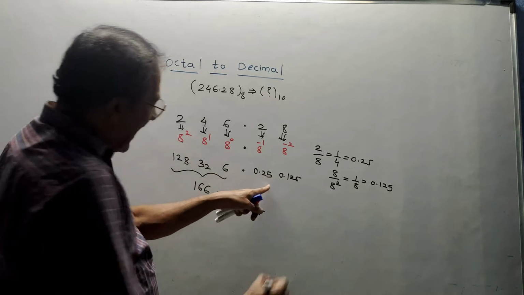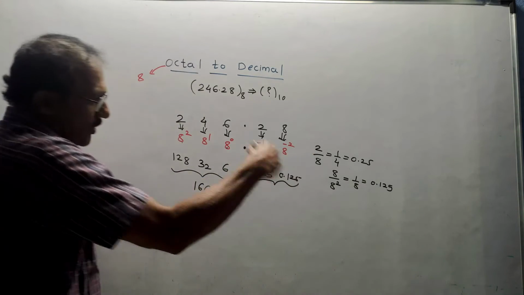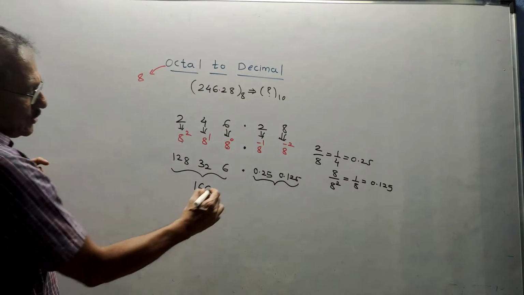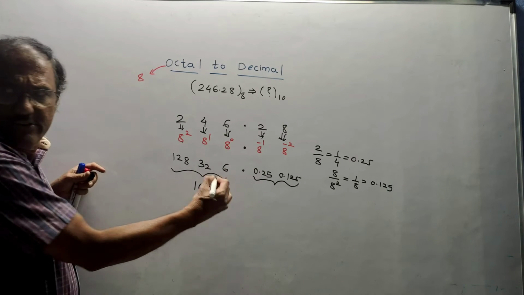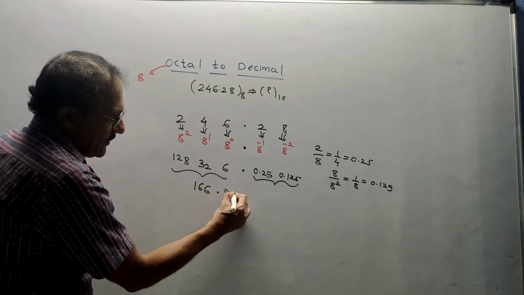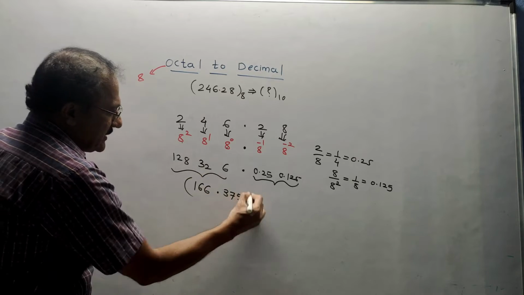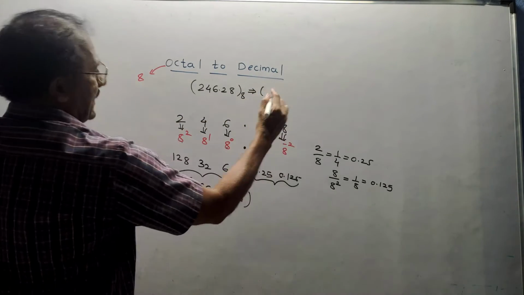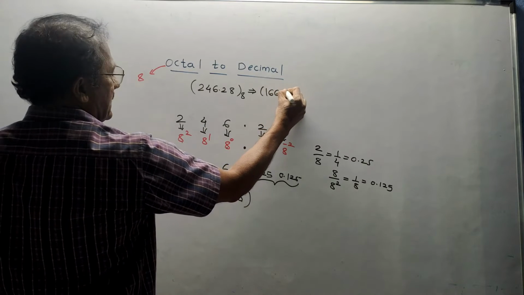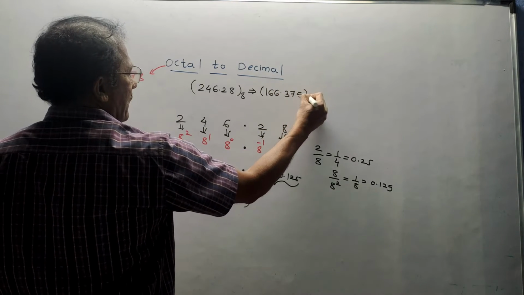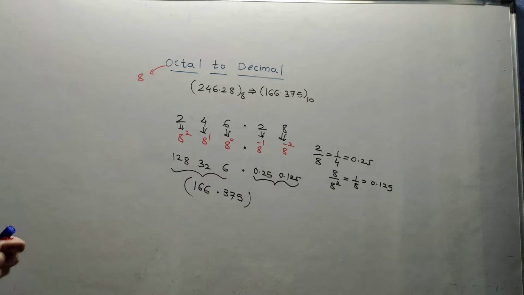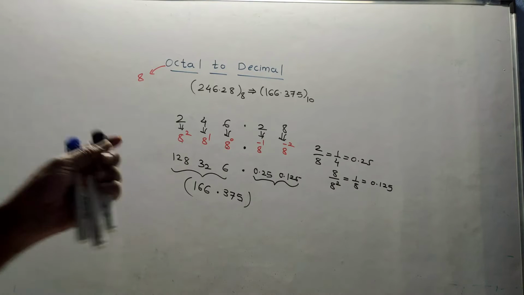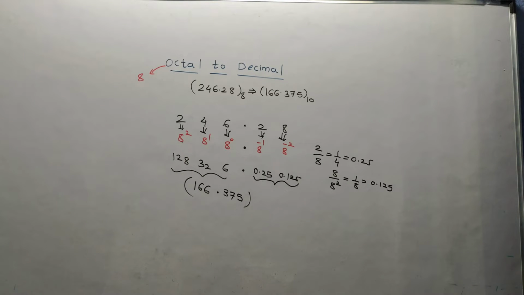Point. Again add these values which you got after the decimal point. So this is 0.375. So this is the final answer. You will be writing the final answer like this. Write this answer in the bracket: 166.375 to the base 10. That means you have converted an octal number into a decimal number.